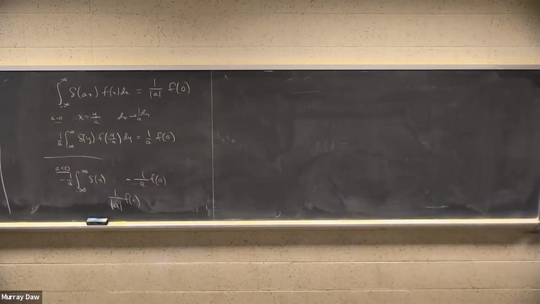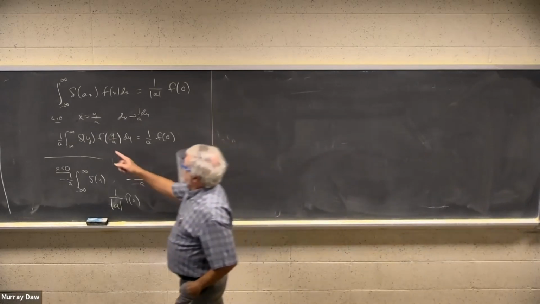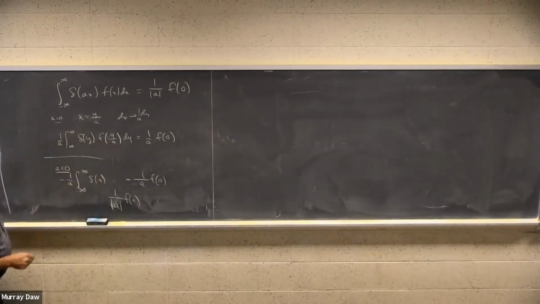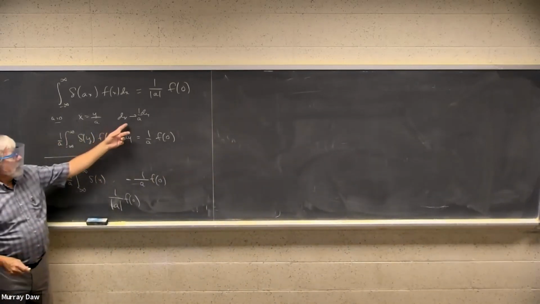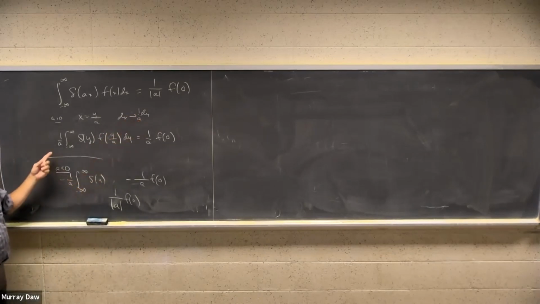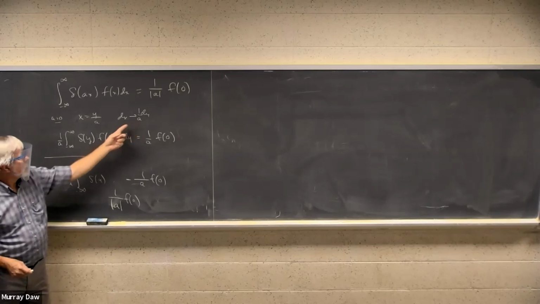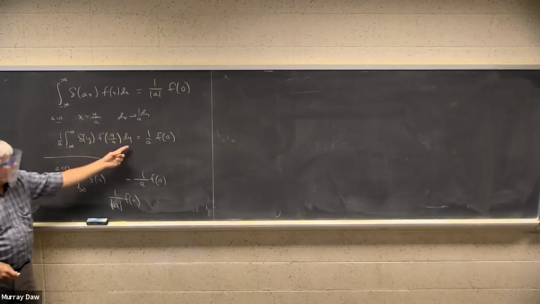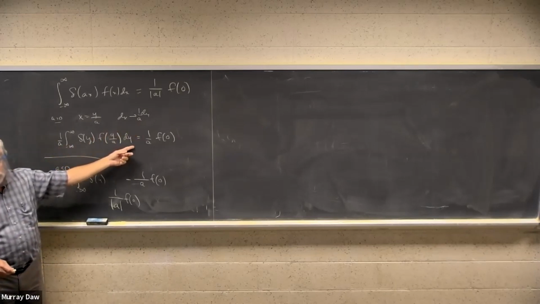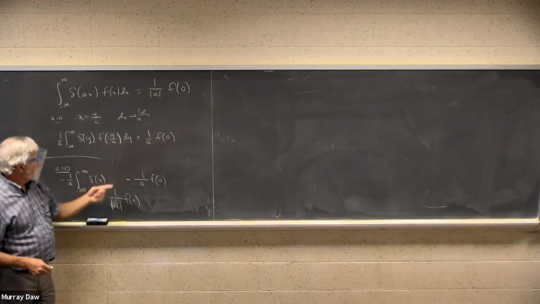If a is positive, it's easy to do a change of variables: x is equal to y over a, and then dx is 1 over a times dy. So you get a factor of 1 over a out here, and then this integral looks like the one you've done before, the delta function. So it's 1 over a times f of 0.